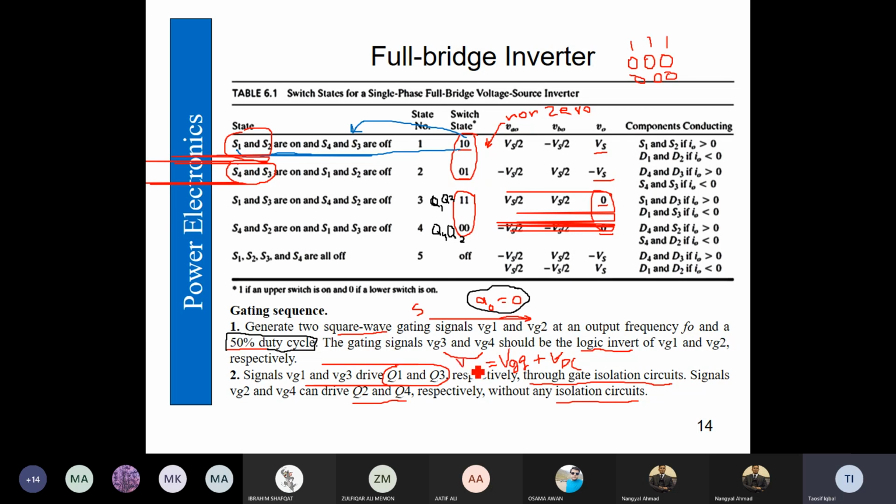Okay, so this is going to be VGS or VGE, and this is going to be VGG. So between gate and ground, we will observe high voltage, even higher than the DC supply.